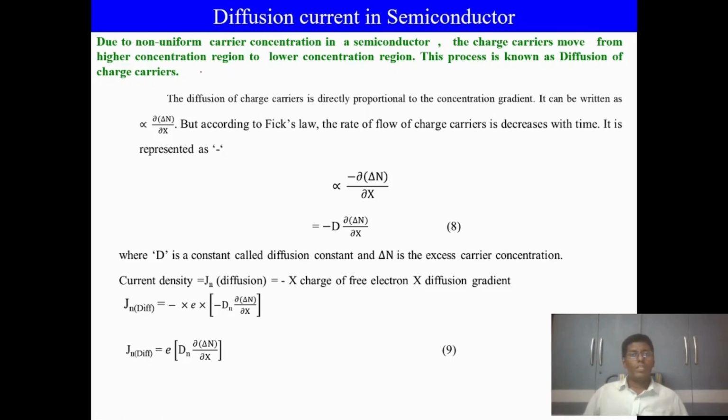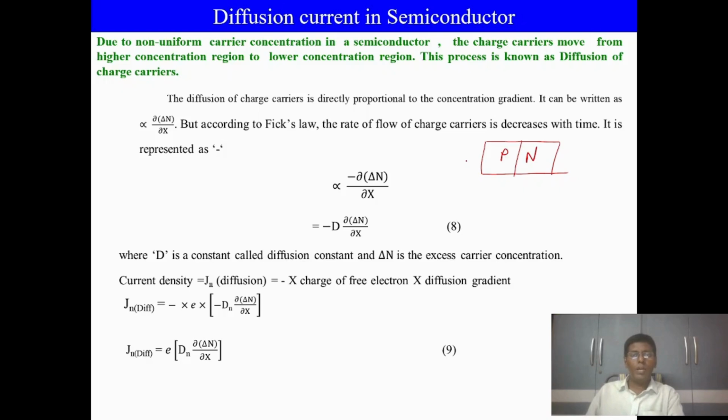Now we will discuss the diffusion current. What is the meaning of diffusion current and what is the difference from the drift current, we can discuss in this session. To know about the diffusion current in a semiconductor, consider one semiconductor which contains electrons and holes. To understand the definition of diffusion current, consider a p-type semiconductor and an n-type semiconductor.